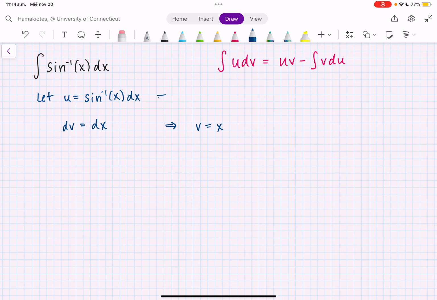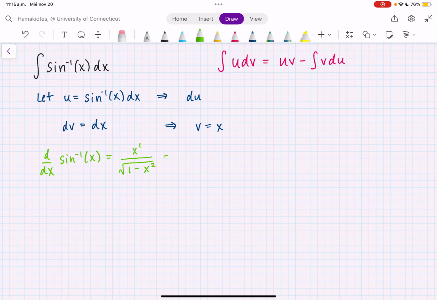Now for u, we need to use that to compute du, so we're taking the derivative of sine inverse of x. Now recall that the derivative of sine inverse of x is equal to the derivative of x over the square root of 1 minus x squared.